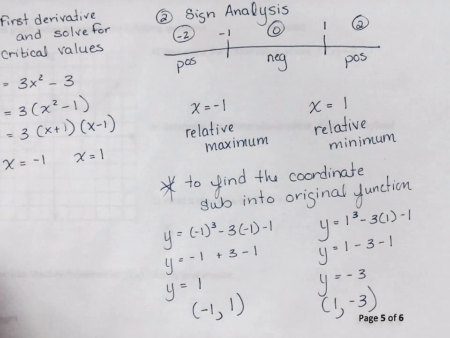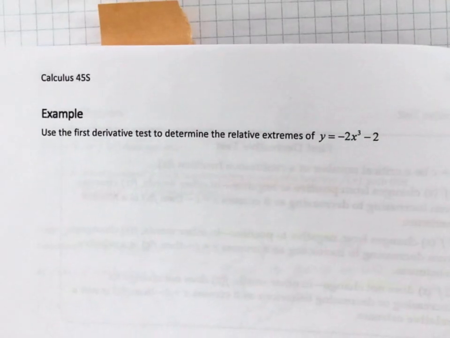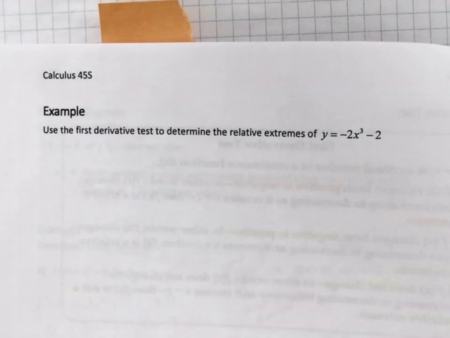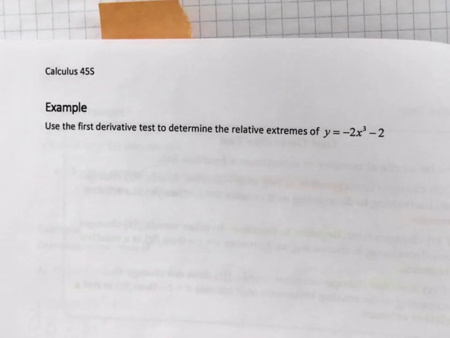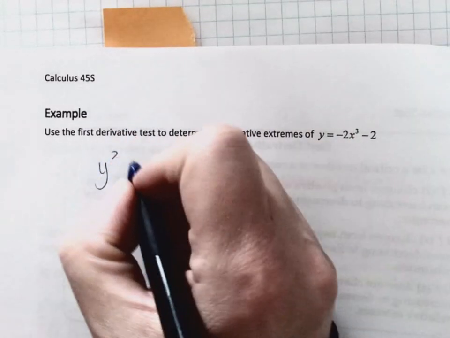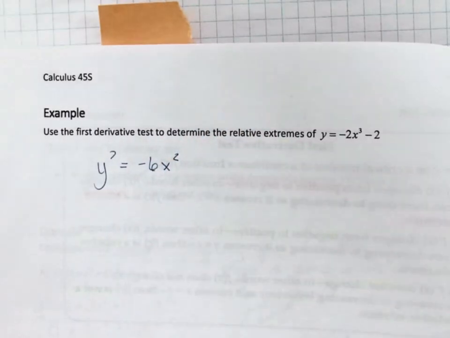Okay, one last example, and then we are done. Lessons are really small. Use the first derivative test to determine the relative extremes. Okay, so let's go. y equals -6x squared. So first thing we're going to do is find our derivative.